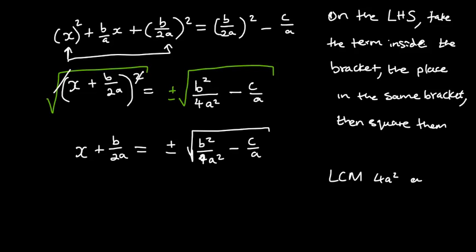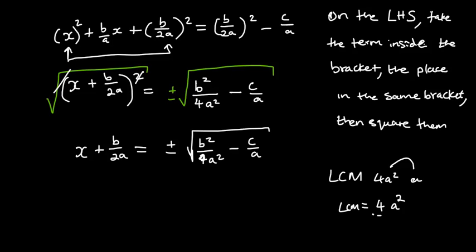So you have 4 and you have a. What is the highest exponent of 4 between these two? The number is 4, and the highest exponent is 1. For the a squared and the a, the highest exponent is 2. So this is the LCM.